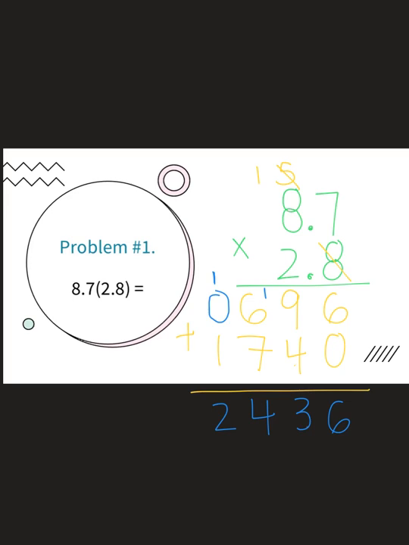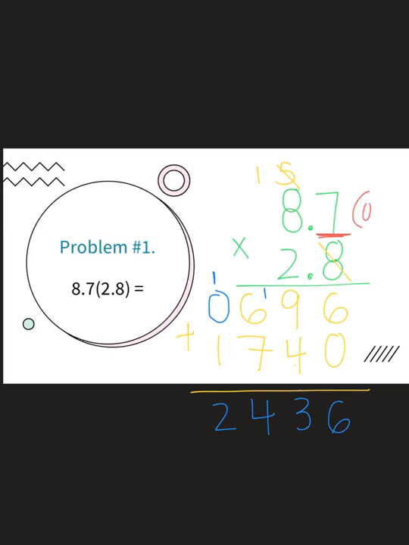So this is not our final answer. In whole number multiplication, this would be. But for decimals, we cannot forget about the decimal in the beginning. So what we like to do is we see how many numbers are after the decimal in each of the numbers that we started with. If you look at 8.7, notice there is 1 number after that decimal.